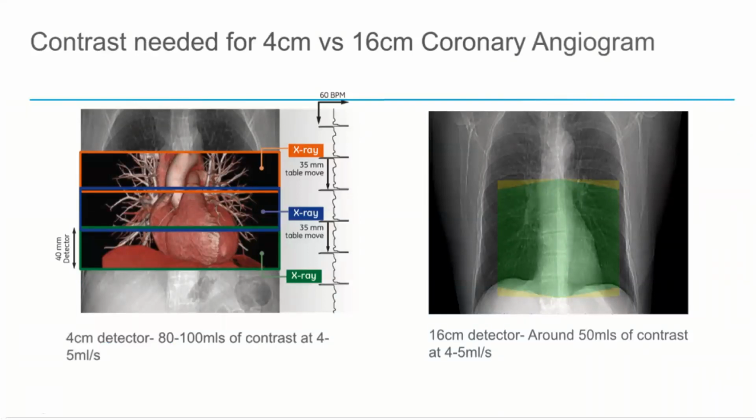So this slide just shows us a 40 millimeters detector system and Revolution CT, which is a 16 centimeters detector, just for example, okay?